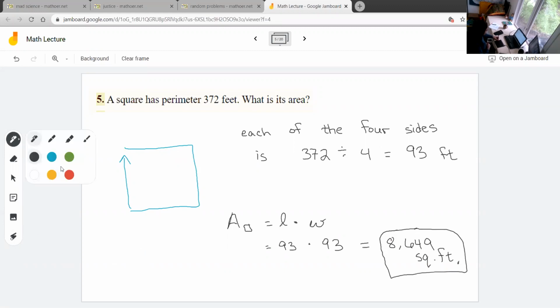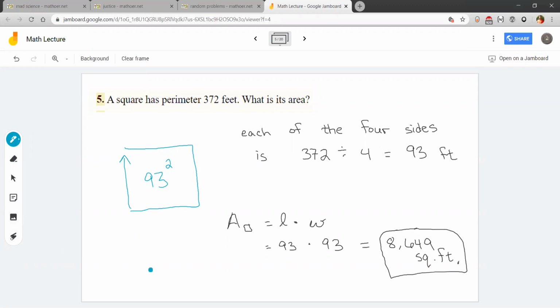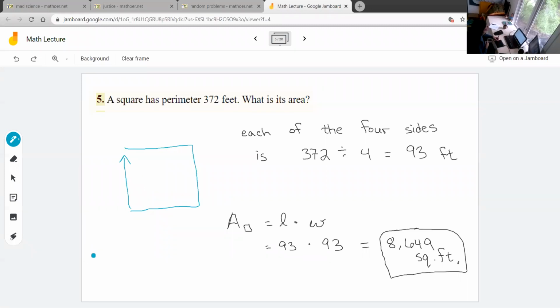Everyone see, by the way, why we might also write this as 93 squared? That's why we call the exponent of 2 "squared," because it's the area of the square.